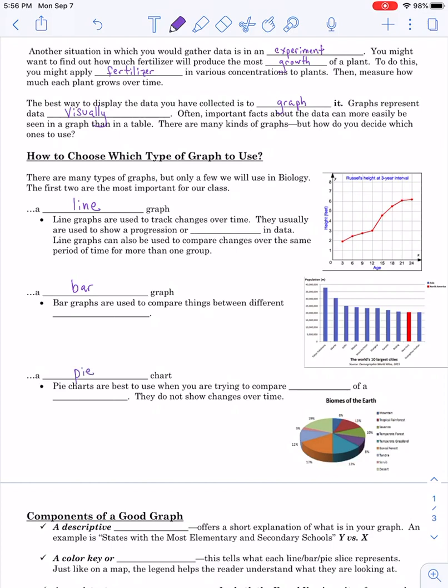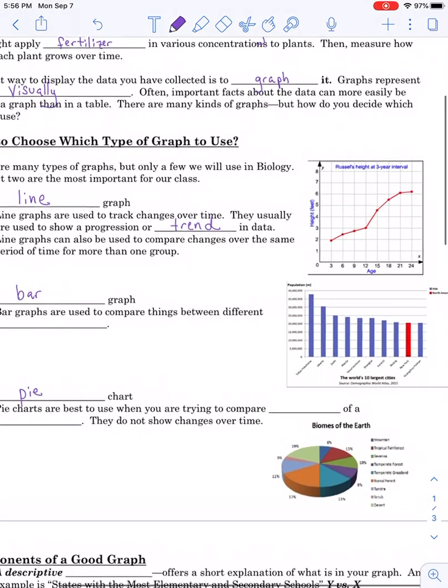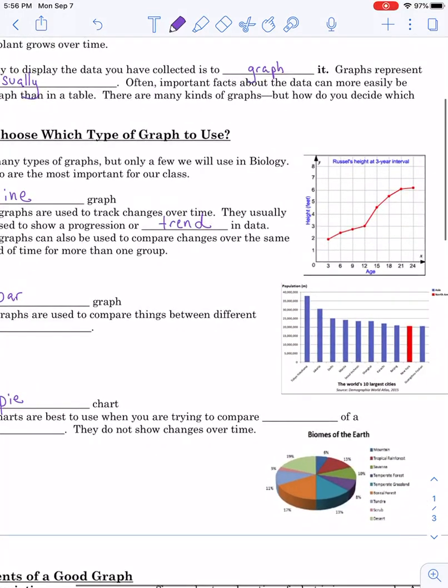Starting with a line graph, it is used to track changes over time. They are usually used to show some sort of progression or trend in data. Line graphs can also be used to compare changes over the same period of time for more than one group.